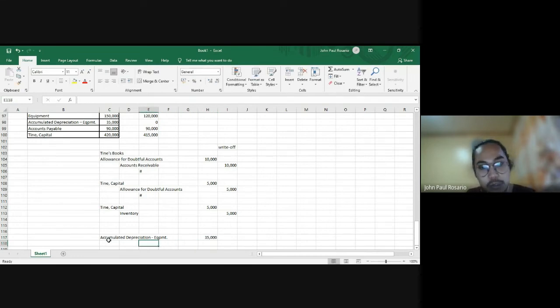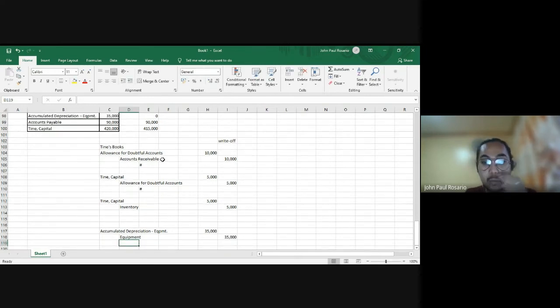We close it against the equipment, not the capital. We're simply netting the depreciation against the equipment, so what we take is the net value, or carrying value, or book value. So 35,000.